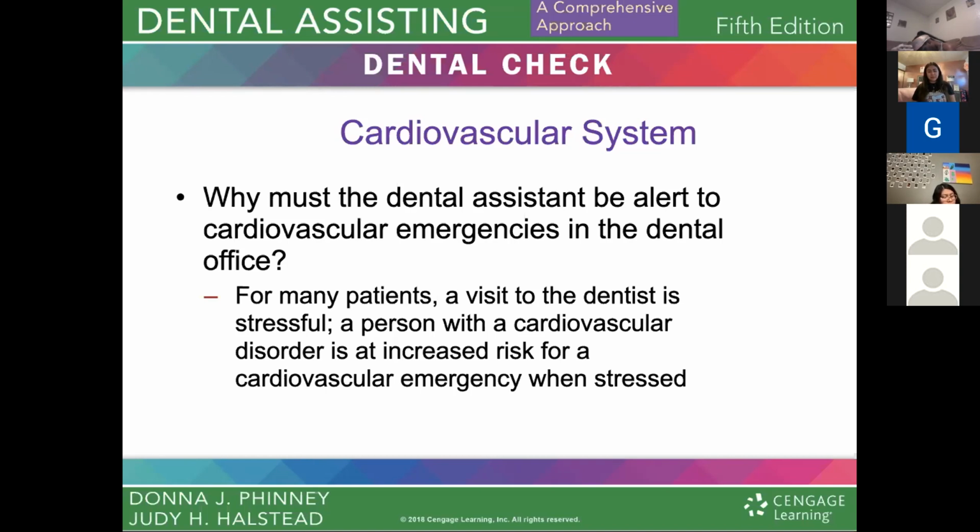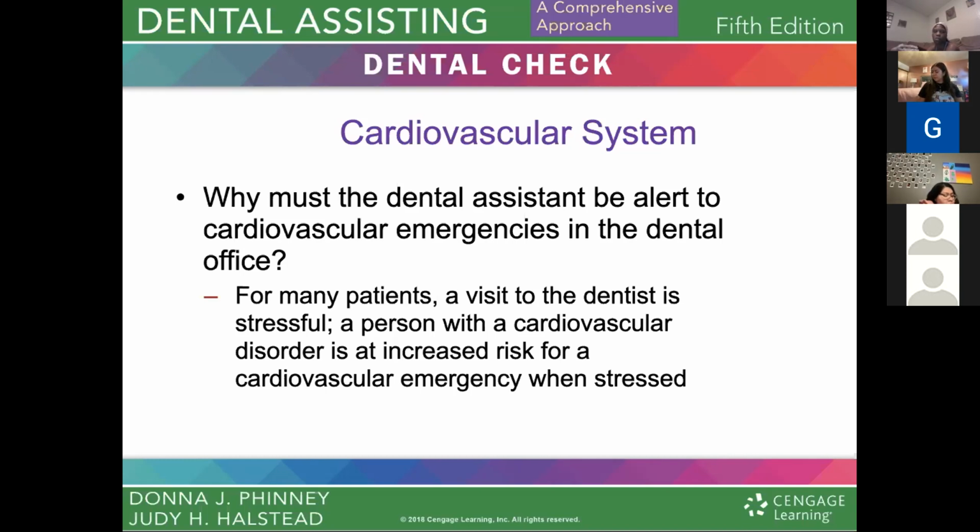From dental pharmacology, what is the most common vasoconstrictor that we use? Is it epinephrine? Yes, it's epinephrine. And epinephrine is a type of what? A stimulant. It's actually adrenaline or natural adrenaline.